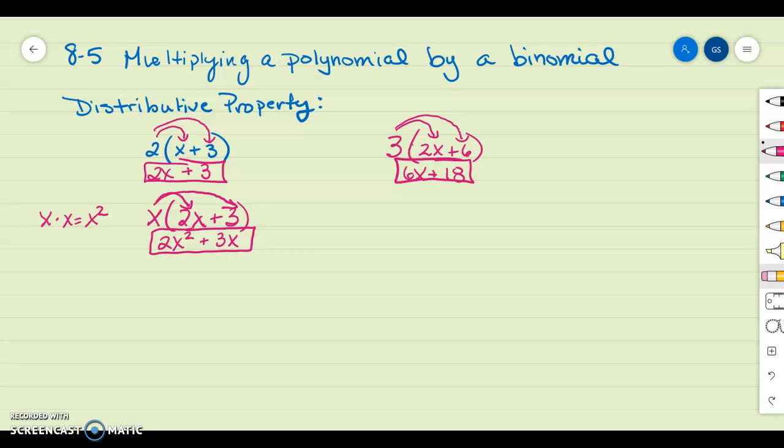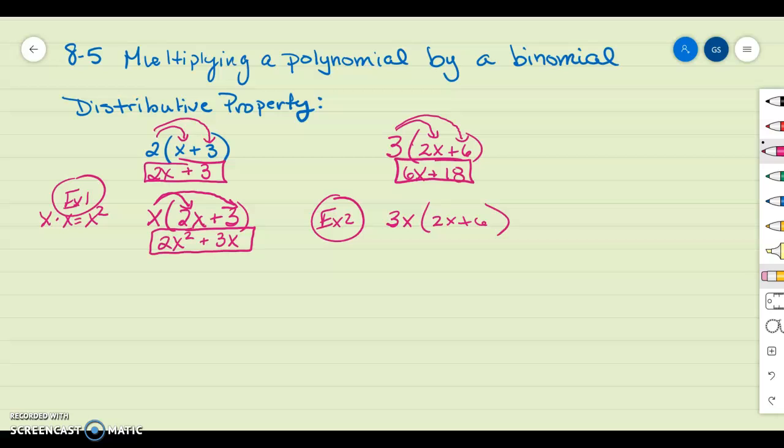Okay, let's see. What's my next example here? How about 3x? This is example 1. This is example 2. 3x times 2x plus 6.